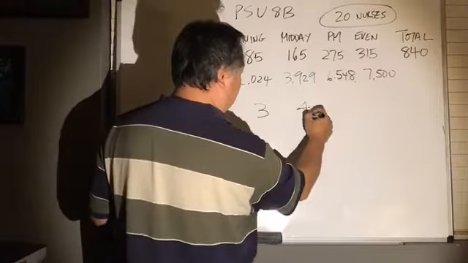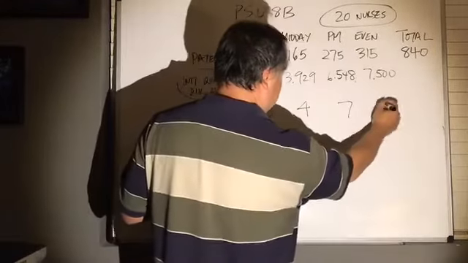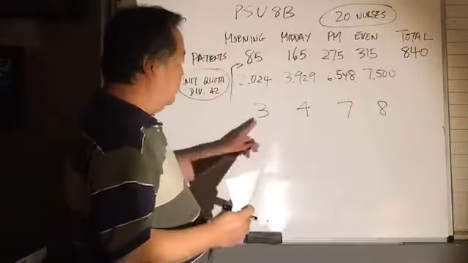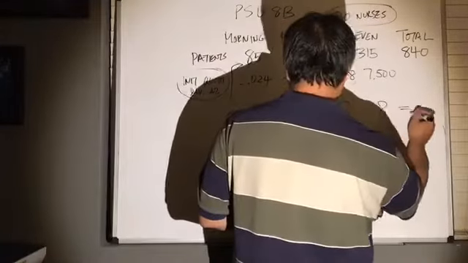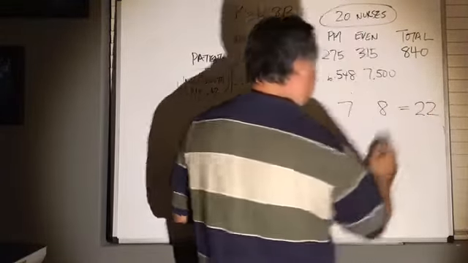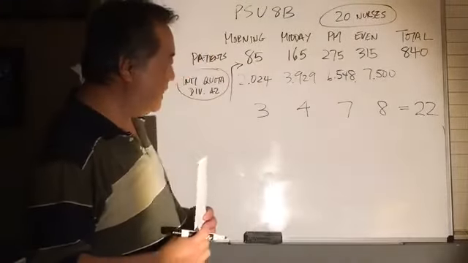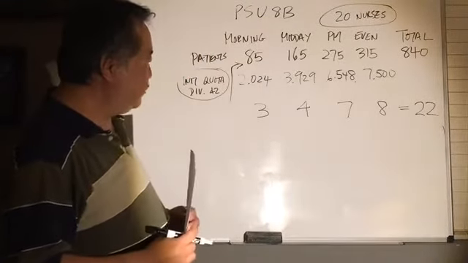This is going to be 4. This is going to be 7. This is going to be 8. If we add them up, we have 22. We have 2 too many. All right, so what do we do?